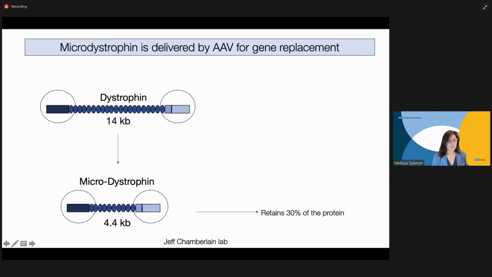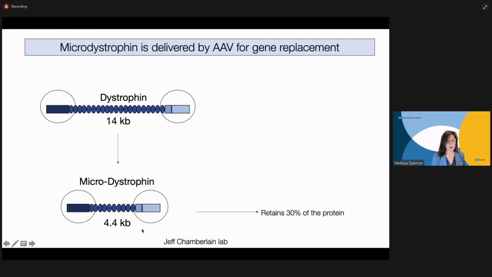And this is the basis for how the current gene therapy trials have been designed. Jeff Chamberlain, over at least a decade, looked at this molecule and tested different domains and different constructs to figure out how much of this 14 kb mRNA he could eliminate to fit into an AAV vector.